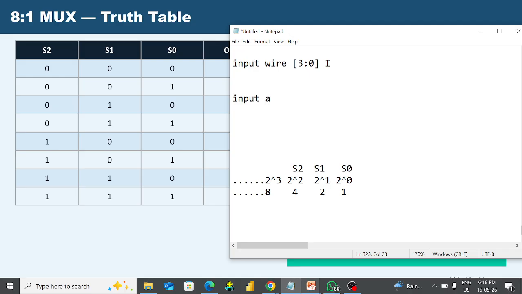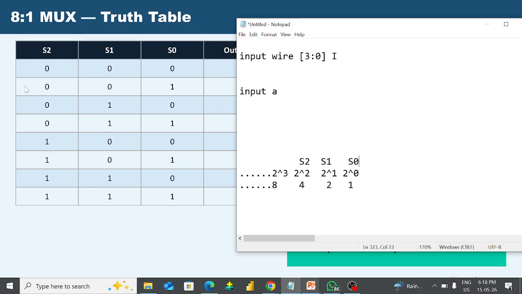So you're going to get 0. Now we have one value where S2 is 0, S1 is 0, and S0 is 1. So what will be the output? Where is the 1 here right now? It is under S0, right? So the S0 value is 1, right? Like that is how you are going to get the output.